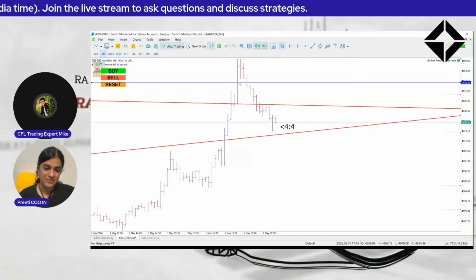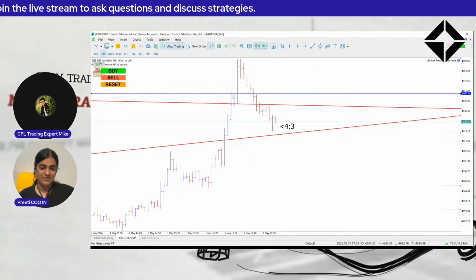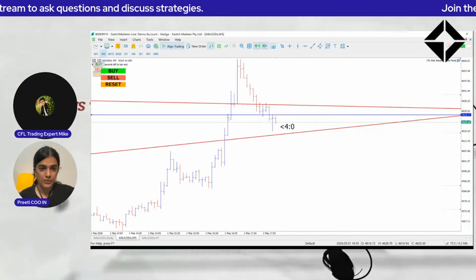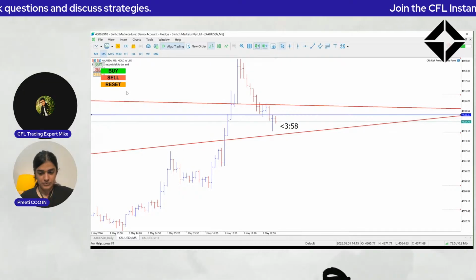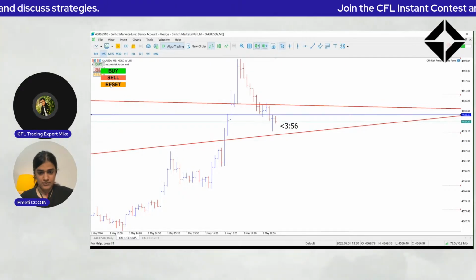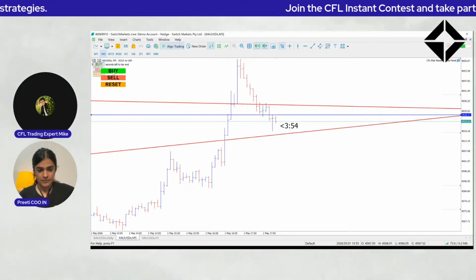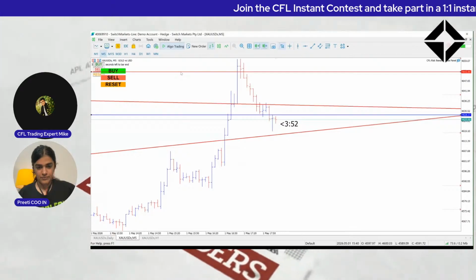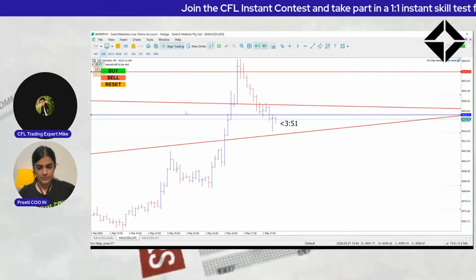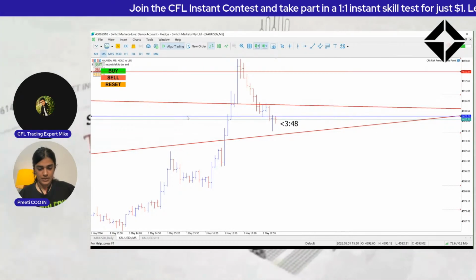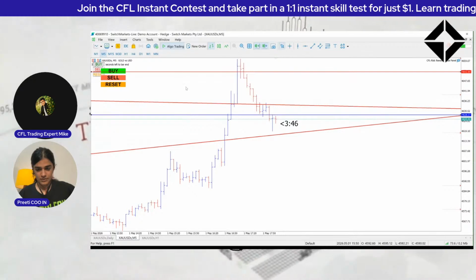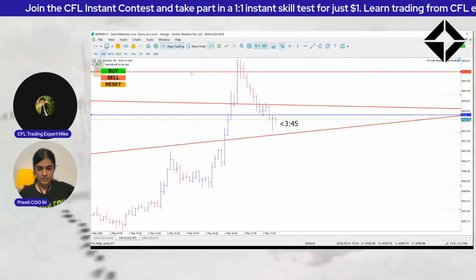The buying was really strong because they want to go up and remove the buyers, right? So if they remove the buyers, then only they can very nicely drop.